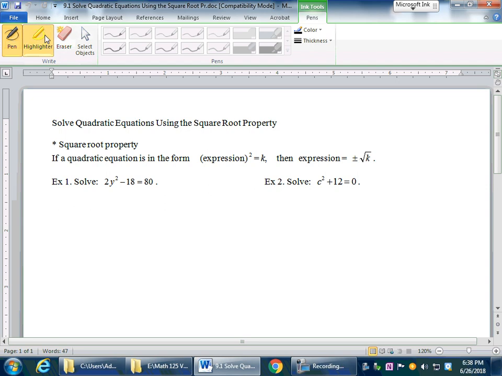So which type of quadratic equations can we apply the square root property to? Here's a very important part.